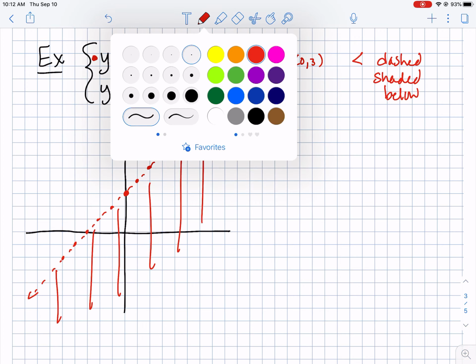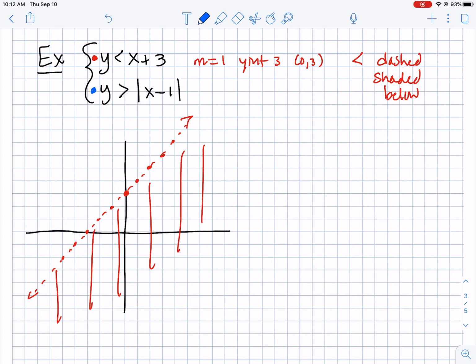Now let me get the blue color here, and we'll do that with the second one. And this is an absolute value. Again, we just did an absolute value, and our points for absolute value are (-1, 1), (0, 0), (1, 1).